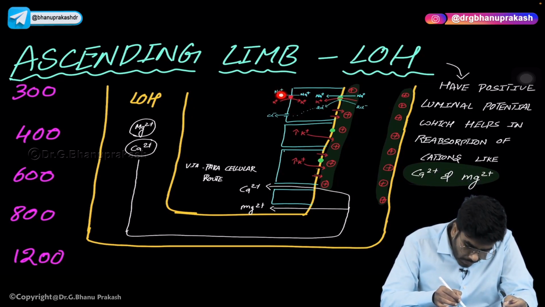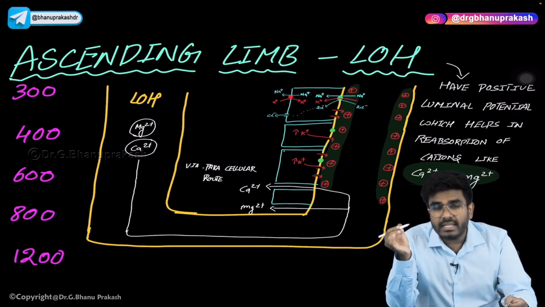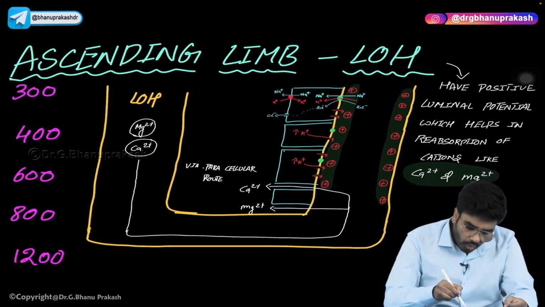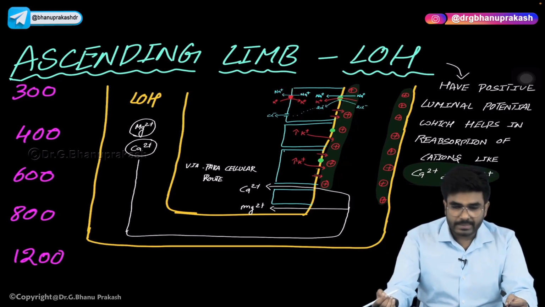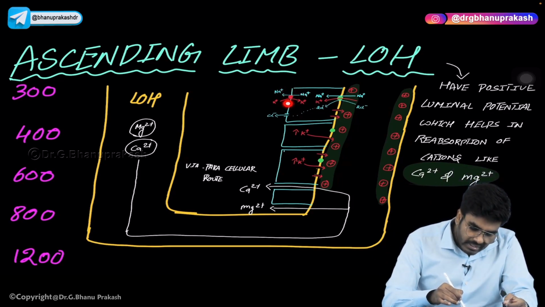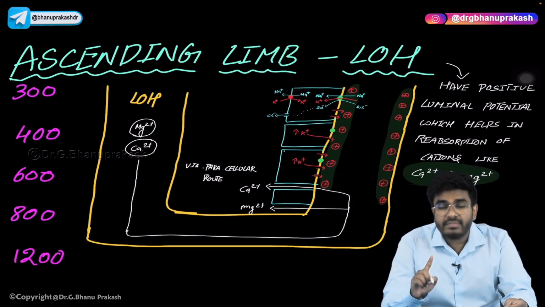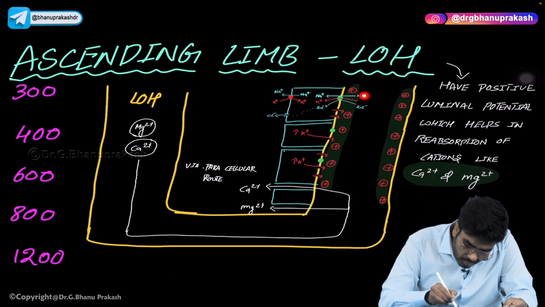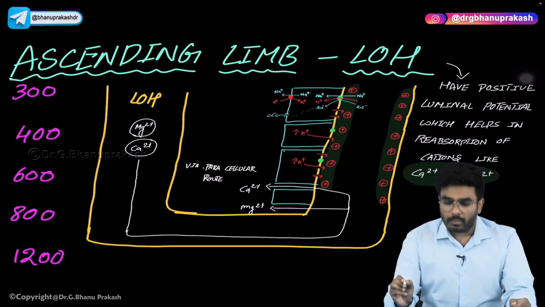It brings potassium into the cell and throws sodium out with the help of ATP. This is the sodium potassium ATPase, which is present on most of our cells, including the basolateral membrane of the epithelial cells of the ascending limb of loop of Henle. Whatever sodium comes into the cell leaves the cell, so for sodium there is no problem.